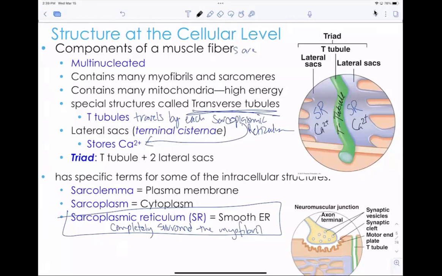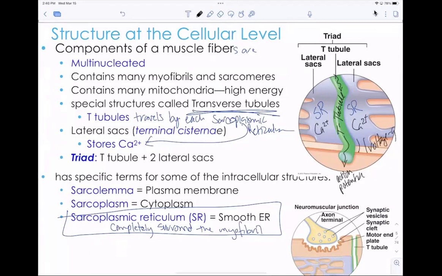Now, the T-tubule is how the action potential, or electrical current, travels throughout the muscle fiber. And as you may already be guessing, as an electrical current travels through the T-tubule, it's going to open, guess what kind of channels?